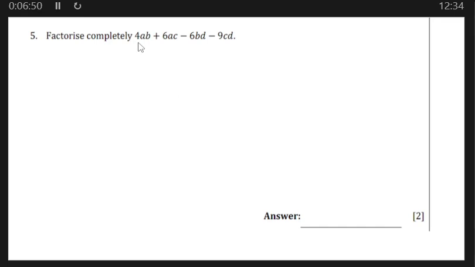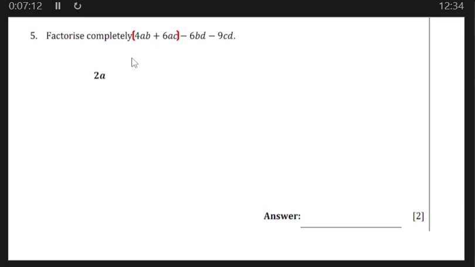So we'll group it like this. When we group it, you discover that the common factor here is 2, which can go into 4 and 2 can go into 6. And also another common factor here is a. So we'll have 2a as our common factor.